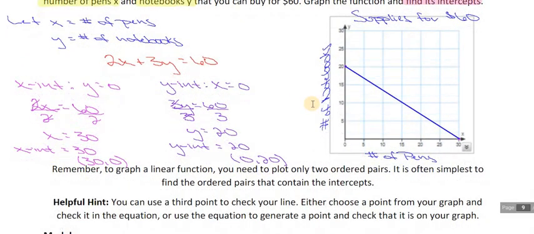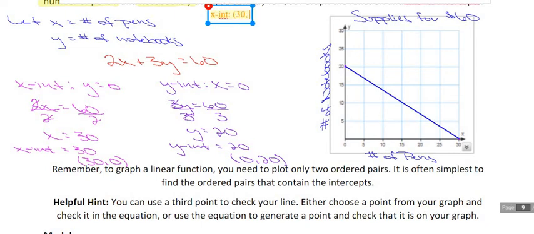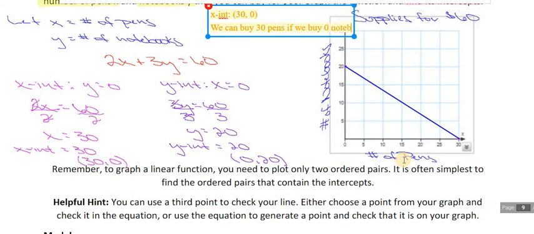Well, if we put some labels with each of these ordered pairs, if our x-intercept is the ordered pair 30, 0, that means we can buy 30 what? 30's label is pens if we buy 0 notebooks.